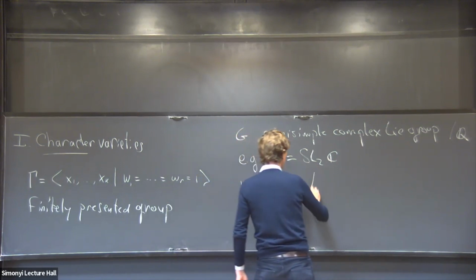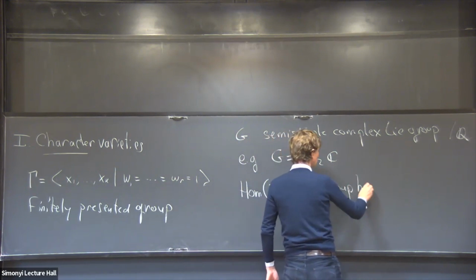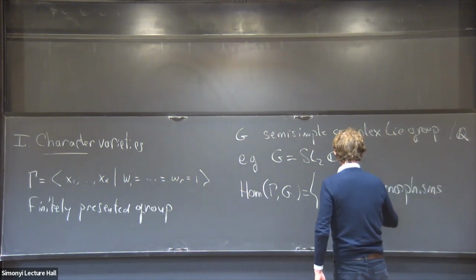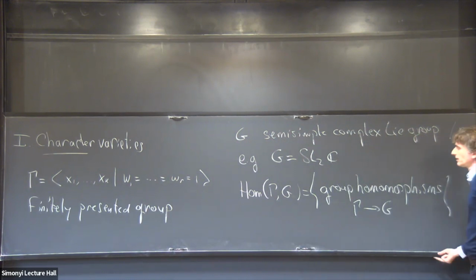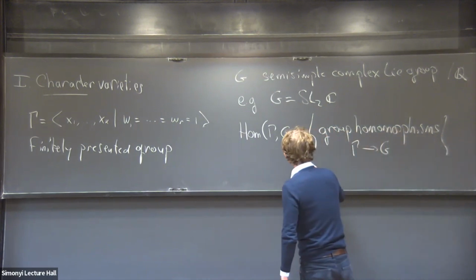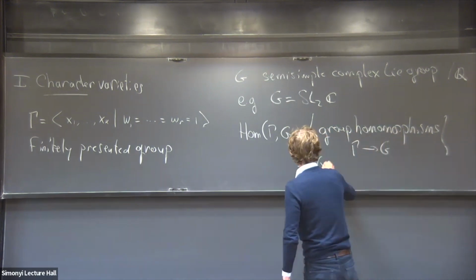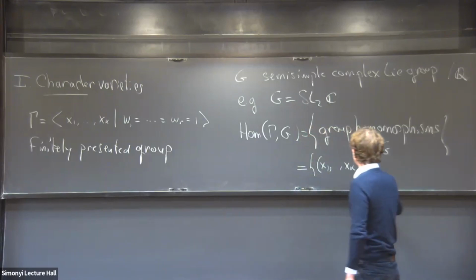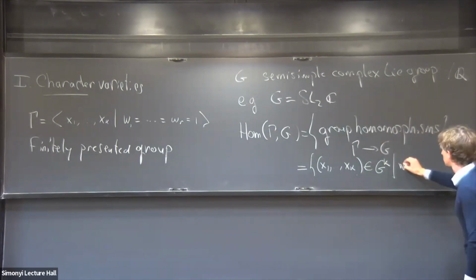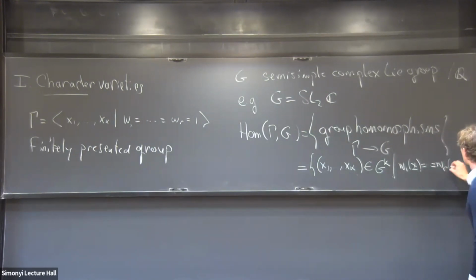This is a set of homomorphisms from gamma to G. It's called the representation variety of gamma to G. And concretely, it's exactly the set of k-tuples of elements in G that satisfy those relations. Clearly it's an affine algebraic set, an algebraic variety.